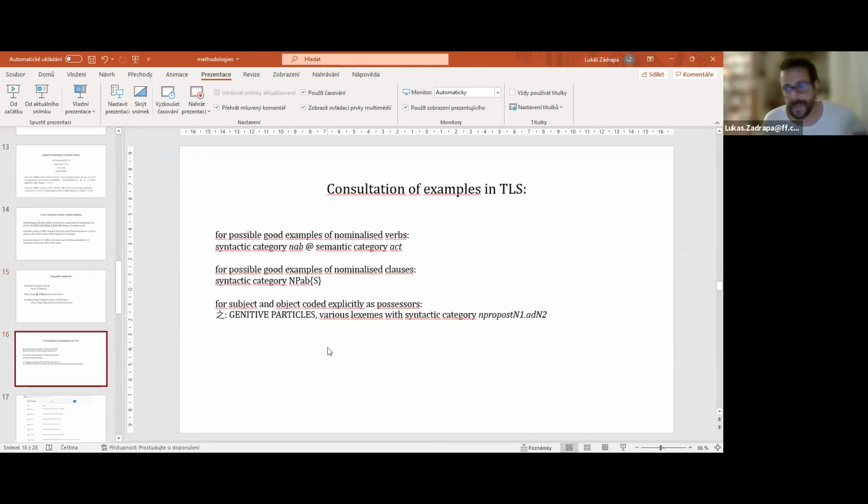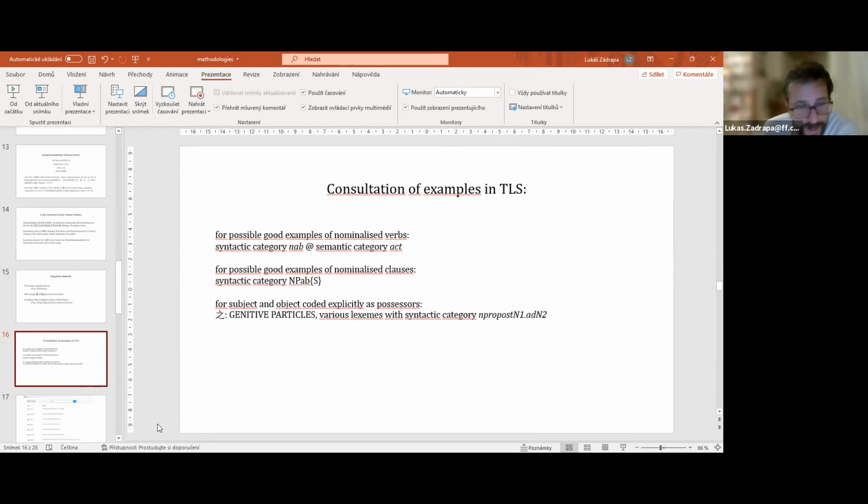So for examples, several examples, not to test any hypothesis, to have rich data, but just to access some specific examples, one can use TLS, and I will show it next time.